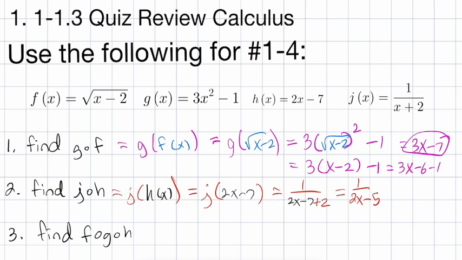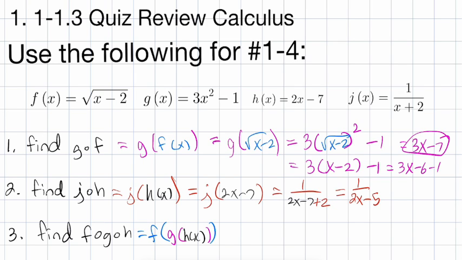And then our last one is a 3-layer function composition. We're going to take our f function, inside of that we're going to put our g function, and inside of that we're going to put our h function. My suggestion to you is to work from the inside out.